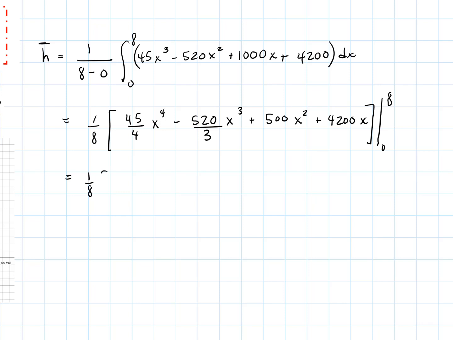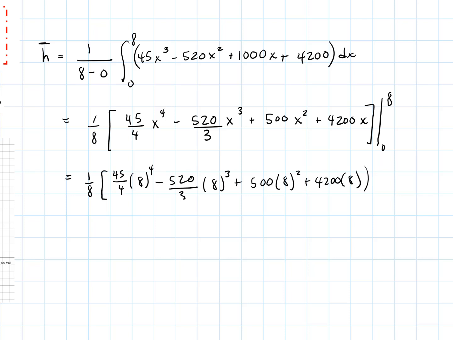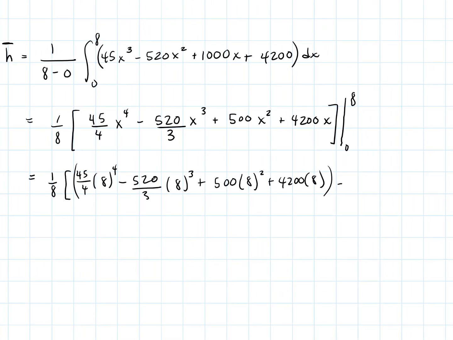So this is 1/8 times 45 fourths times 8 to the 4th minus 520 over 3 times 8 cubed plus 500 times 8 squared plus 4200 times 8, minus, when we plug 0 into this polynomial, we get 0. Minus 0.